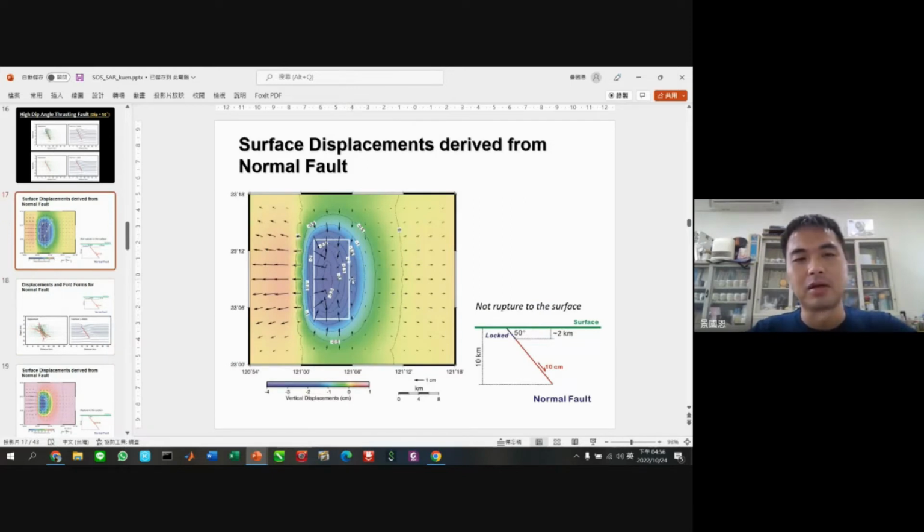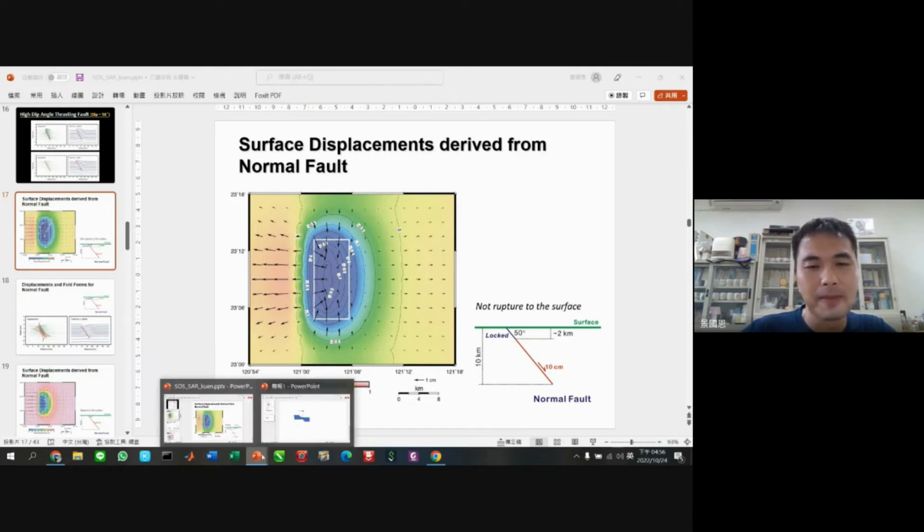However, if we look at this horizontal displacement, we will see not only the extension here, but also a right lateral strike slip component and a left lateral strike slip component at these two ends of the fault.